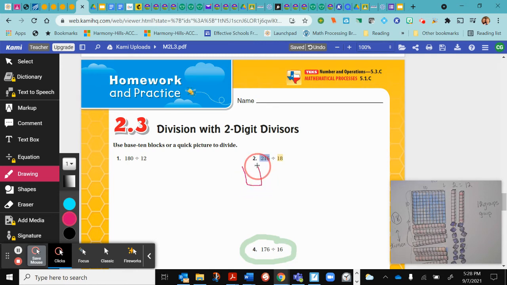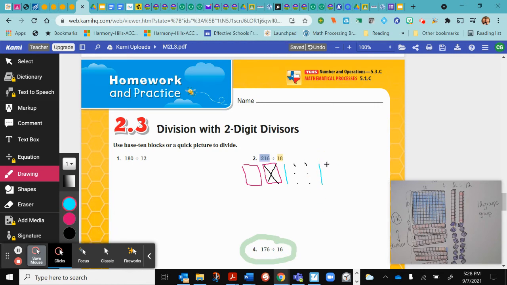My 100, my 200, my 110, and then my 6 ones. I'm going to do it in black. Okay, and then we crossed out this part here, and we cashed that in for 10 tens.